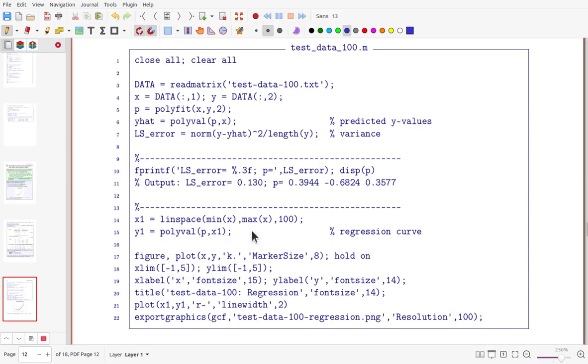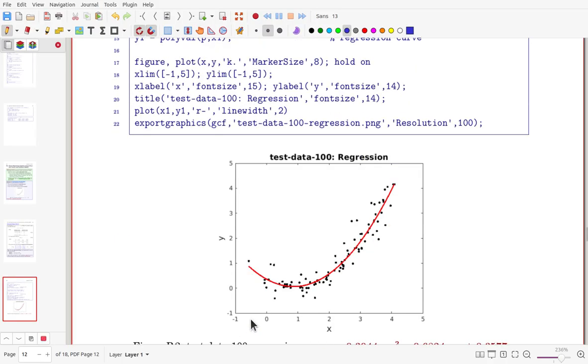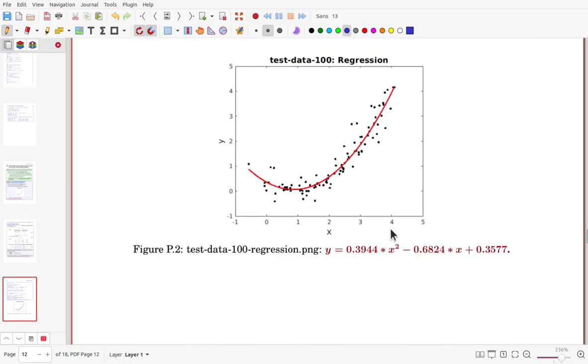For the points, the polynomial values are evaluated, and then we make the plot. Okay, so this red curve is the quadratic polynomial, and this is the original data set. You can see it is really quite a good representation.